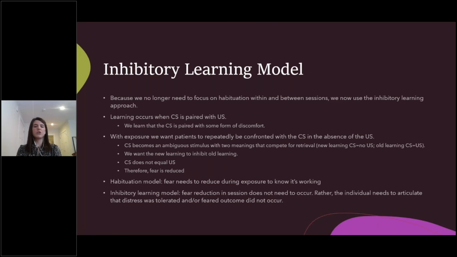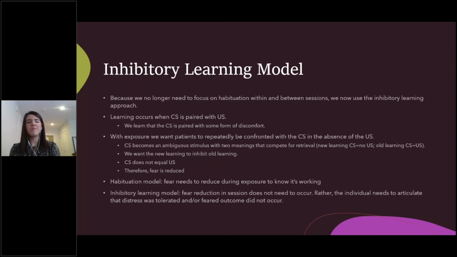So we have this new learning that the conditioned stimulus no longer equals the presence of the unconditioned stimulus. That's the new learning. And the old learning is that the conditioned stimulus is associated with the unconditioned stimulus. So our hope is that the new learning is retrieved and inhibits the old learning.